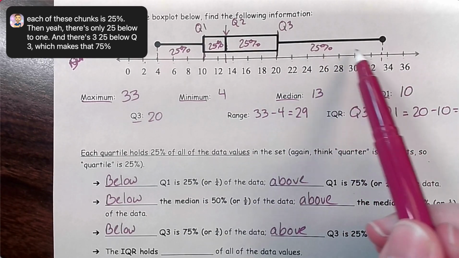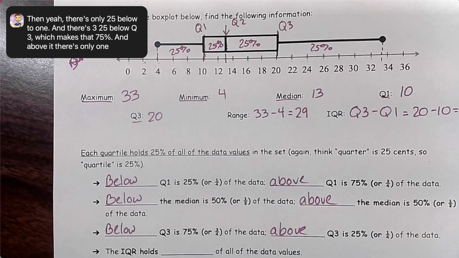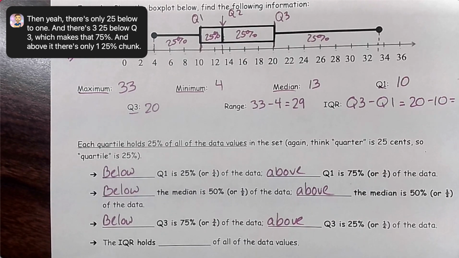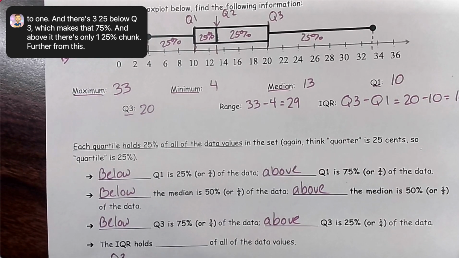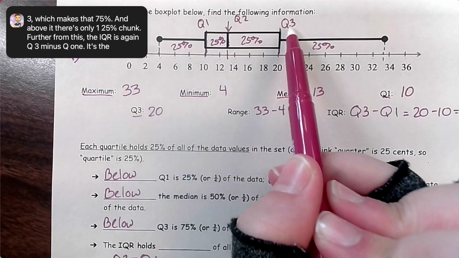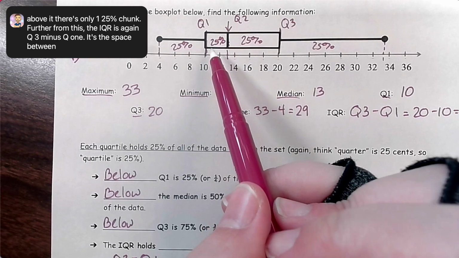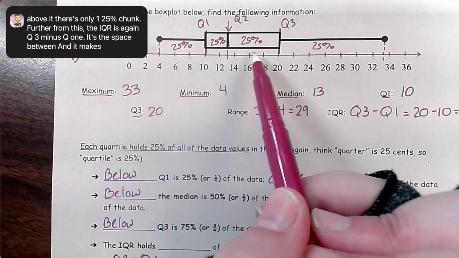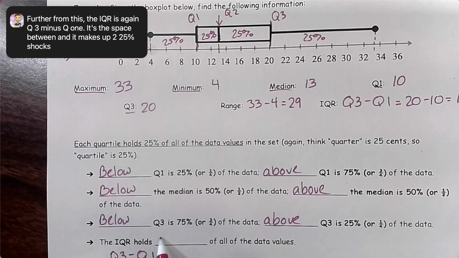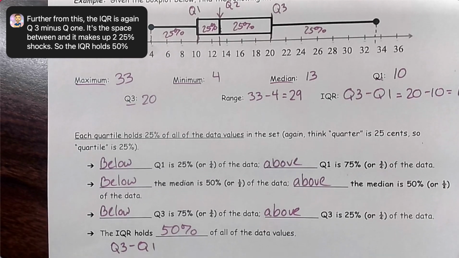And above it, there's only one 25% chunk. Further from this, the IQR is, again, Q3 minus Q1. It's the space between Q3 and Q1, and it makes up 2 25% chunks. So the IQR holds 50% of all of the data values.